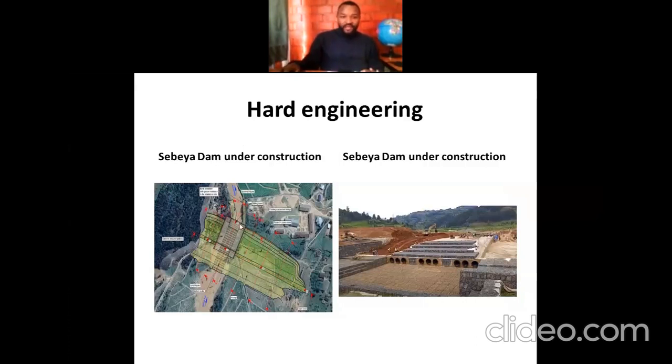And here are the gates where water will be flowing out of the dam. The gates are these ones, there are 9 gates or 9 outlets. Once the construction is completed, we are expecting that no floods will be happening because this capacity is much.